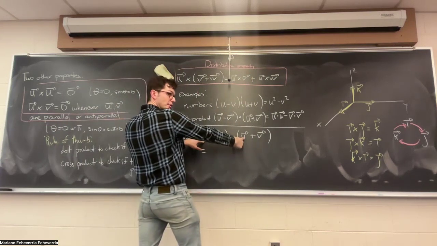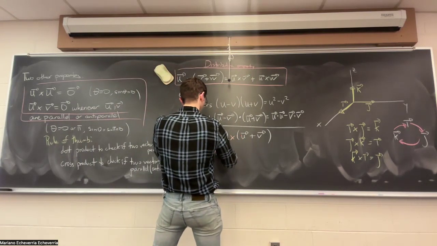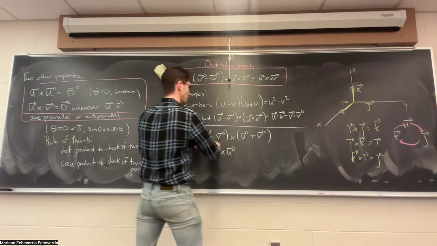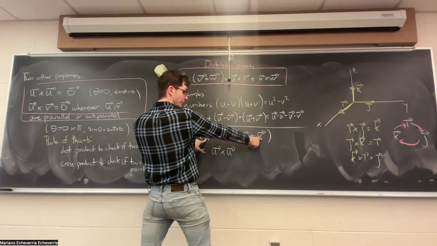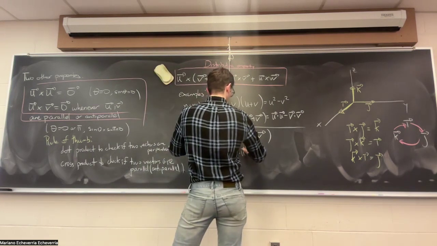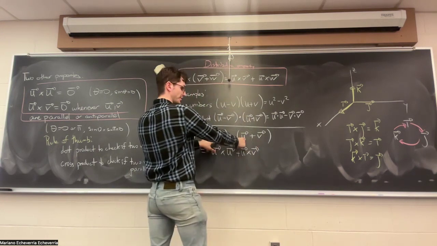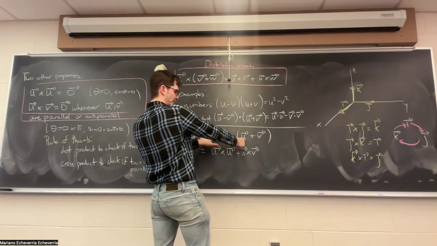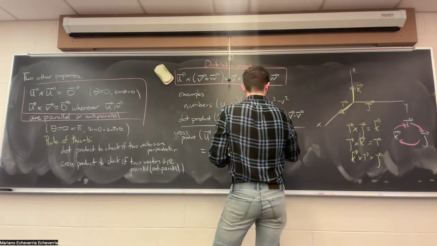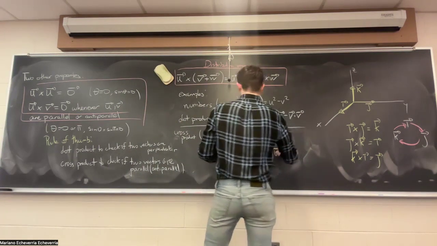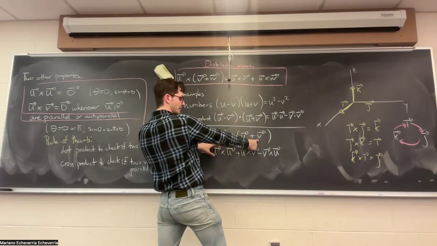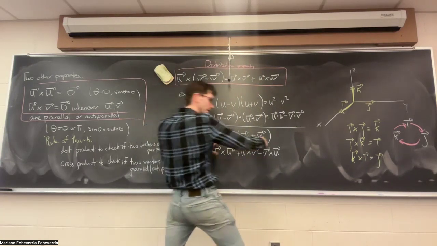It gives you this one with this one, so you get u cross u. Then this one with this one gives you u cross v, right? Then this one with this one gives you minus v cross u. And then this one with this one gives you minus v cross v.